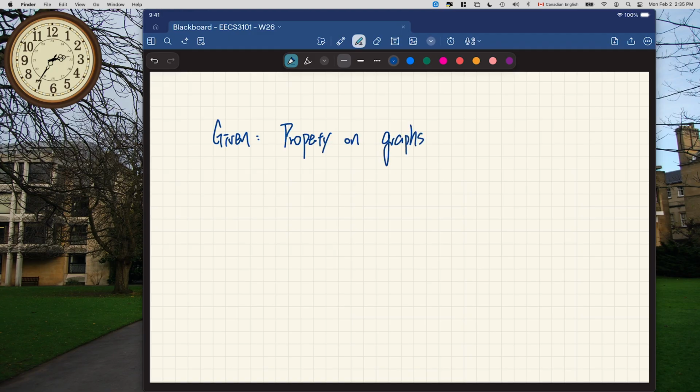Of course, the graph over there, we may qualify the graph by saying maybe it should be simple or not simple, directed or undirected, etc. You want to pay attention to those details. And I would say even before you think about whether that property is really true or false, just try some examples. So application: basically, you just want to apply the property to some example graph, just to get some intuition.